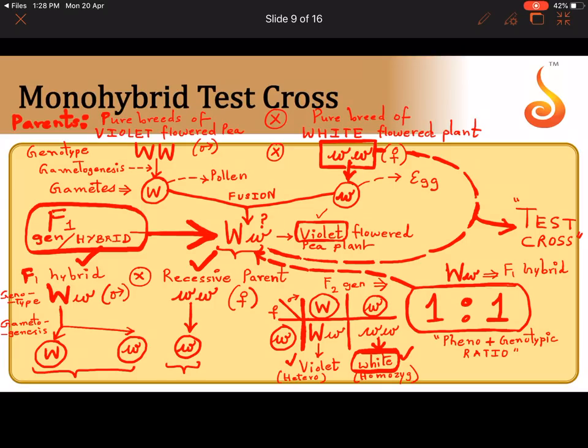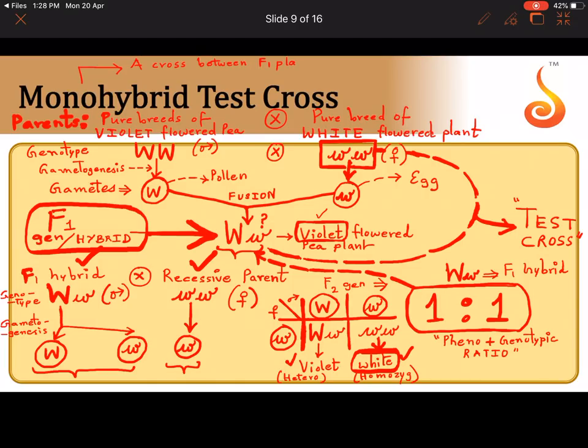So now let us define what a test cross is. So I'm going to write here a test cross. Now since we have considered only one character here, that is flower color, we have called this a monohybrid test cross. Otherwise what I'm defining here is a test cross. Okay, a test cross is a cross between which plant?